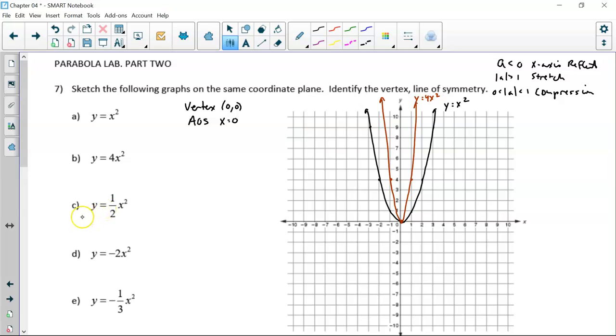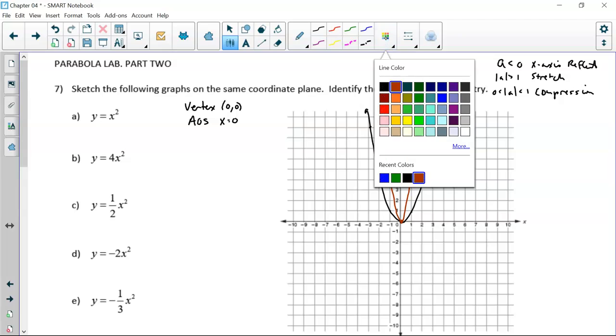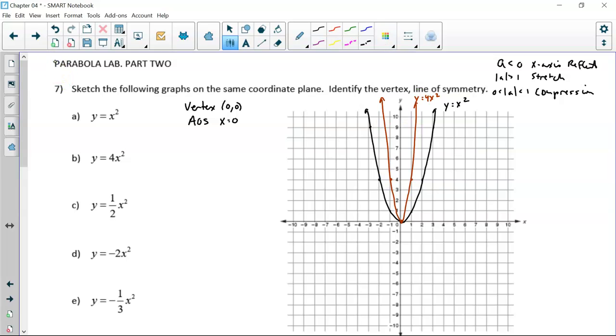Now for 1/2 x squared, that's going to cause a compression. So our graph would be kind of pressed down. It's wider.